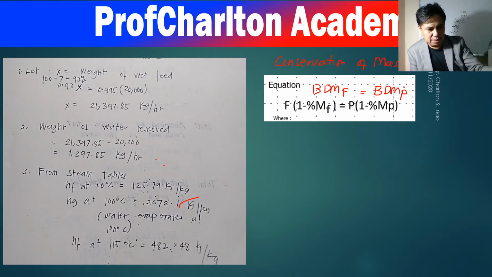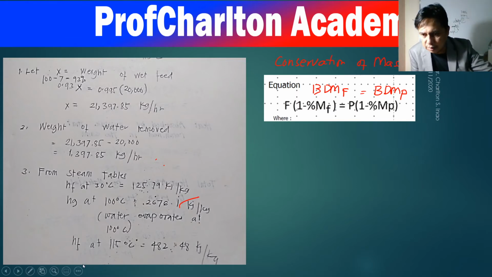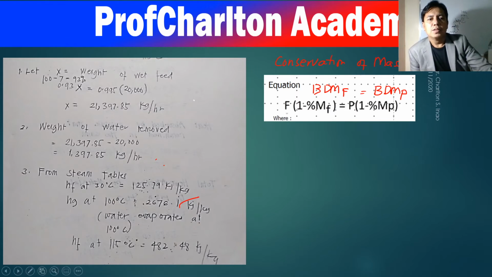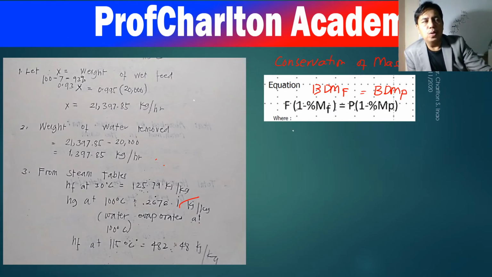So here is this now. What is this all about? It is very simple. F is the mass flow or the weight in terms of time per hour. So mass flow rate or weight flow rate, if you could say like that.